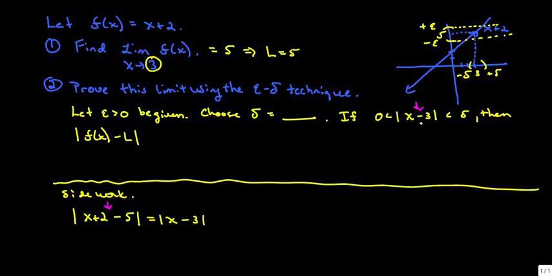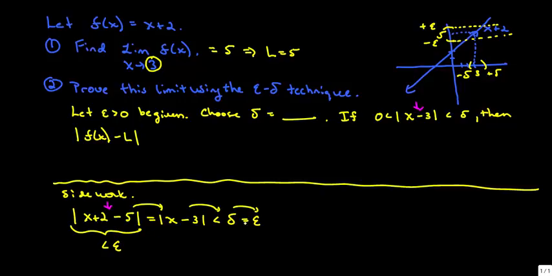So I've gotten this. Now, we know that this guy is less than delta, but we want this guy to be less than epsilon. So if this guy is equal to this, and this guy is less than delta, if we just let delta be equal to epsilon, then this guy is less than epsilon, because this is equal to this, which is less than this, which is equal to this.